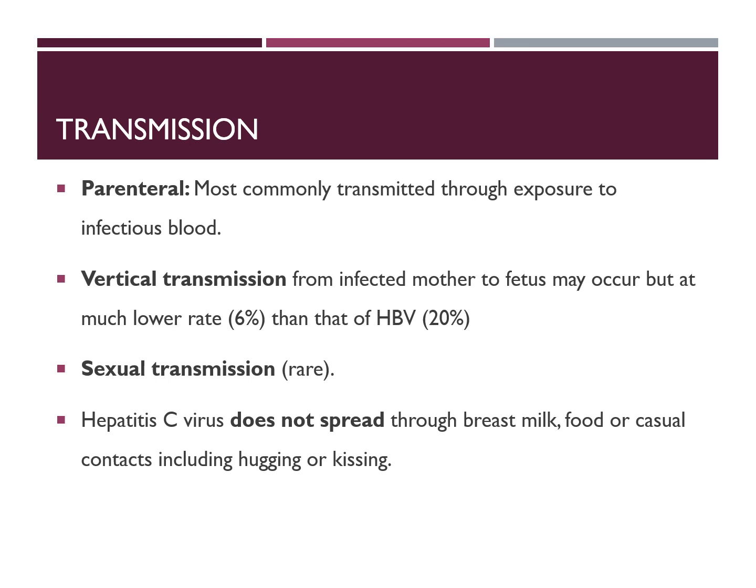Then sexual transmission is there, and it is not spread through breast milk, food or any casual contact. So mainly the transmission is parenteral, and as you know, post-transfusion hepatitis is also labeled as hepatitis C virus.